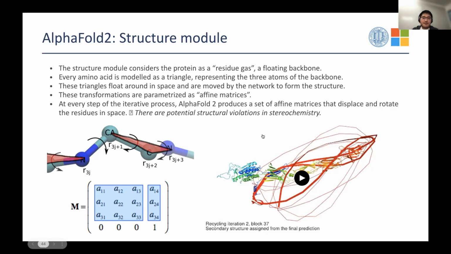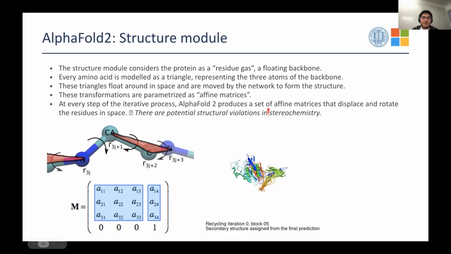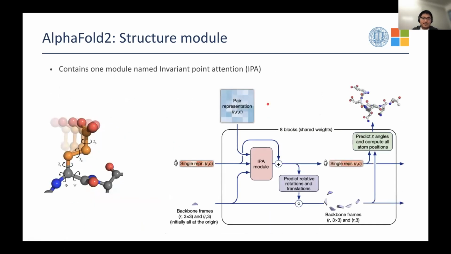In terms of the structure model, they do have a specific design called the IPA module. It's not the beer, but the IPA module, invariant point attention, to help determine the local frame together with the global frame. Just one additional comment on the structure model input and output.